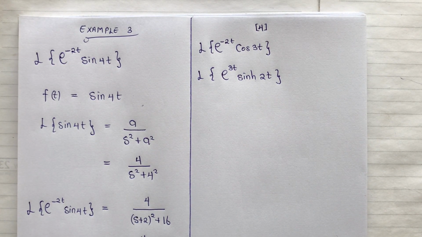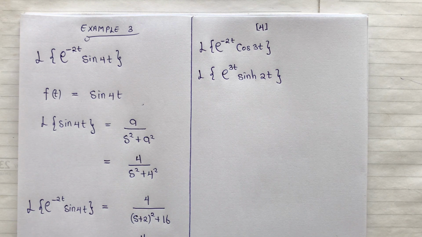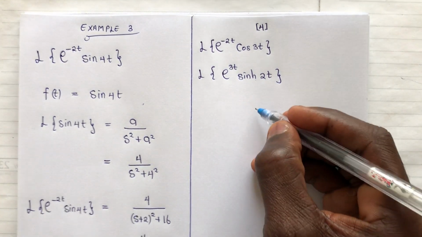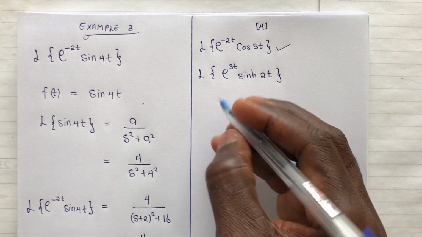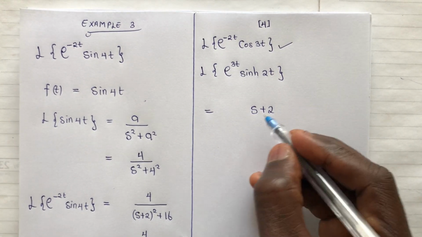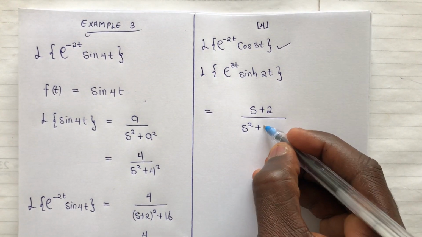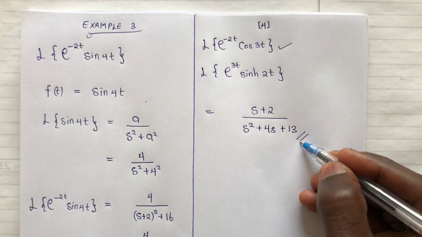Okay, so by now I'm sure you are done. You pause the video and you finish the work for me. So let's see if you had that correct. So for the first one, the result will be equal to s plus 2 out of s squared plus 4s plus 13. So this is it.